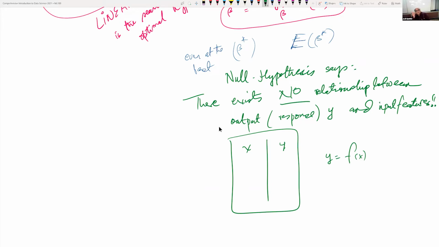So the first question to ask is, what about the fact that there is no such f? There is no f that describes this coherently, right? And the two are completely unrelated. If the two are completely unrelated, what you're basically saying is, suppose data is like this.